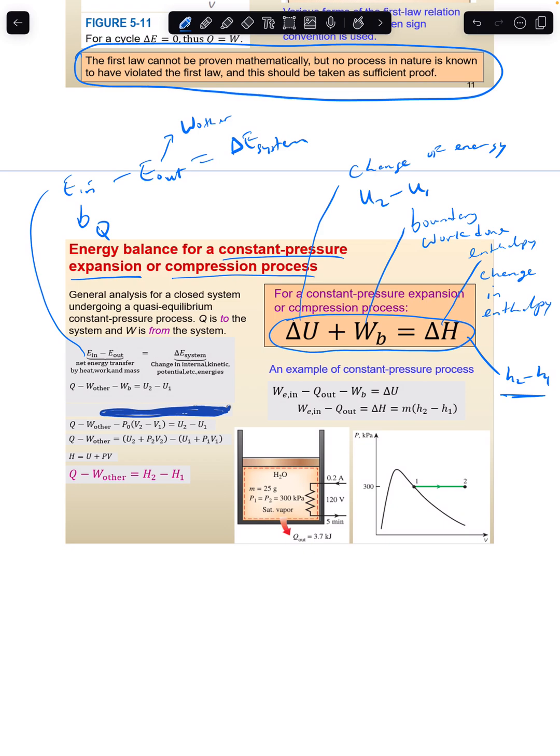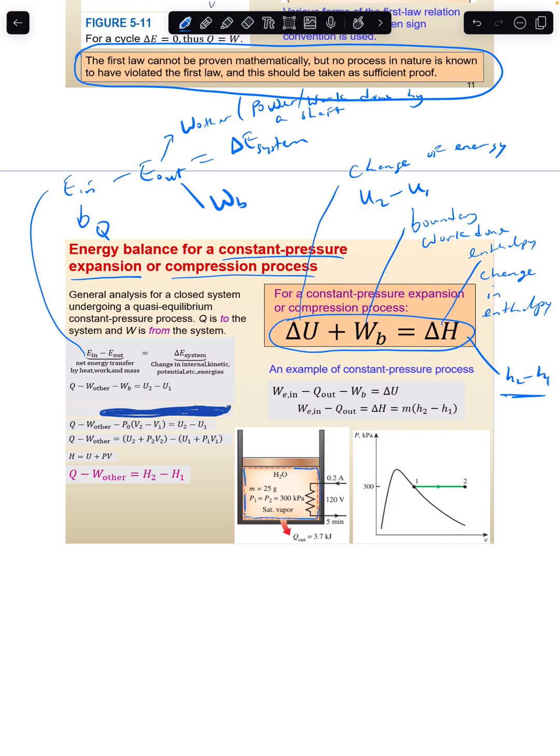And that other work done can be power or work done by a shaft. And then we know that we have a unique work done, which is the work done due to the boundary, and this is the boundary you see here.